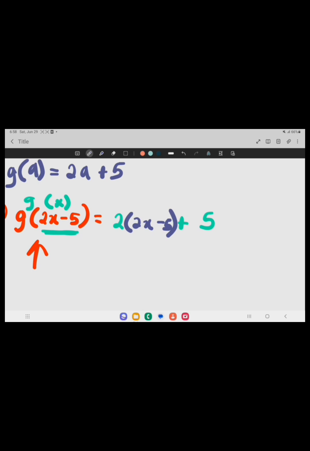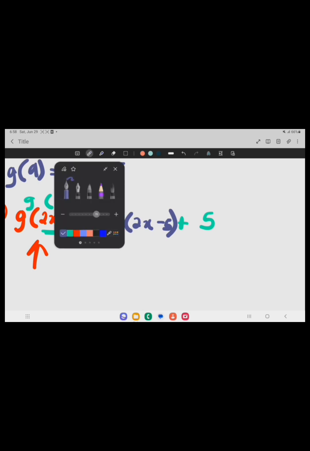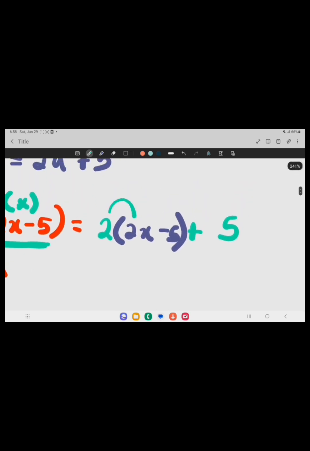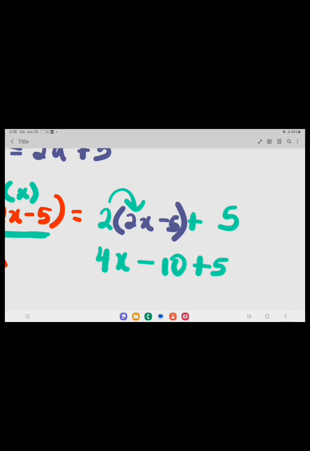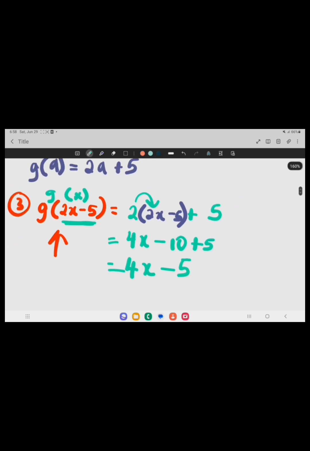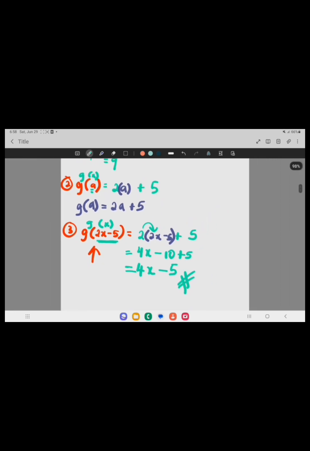Just like that. Once you're done with this, the rest is just mathematics, where you're just going to expand this. You will get 4x - 10 + 5. So you will get 4x - 5. This is the equation of g(2x - 5).